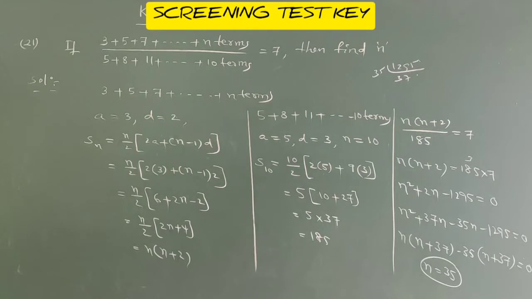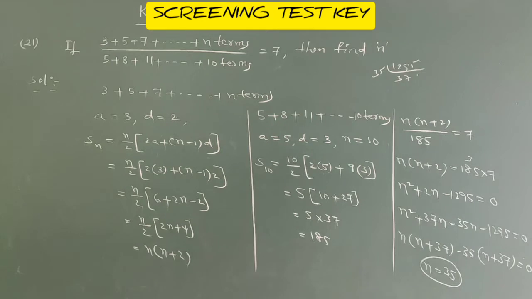After simplifying the numerator, we will get n into n plus 2, and for the denominator we got 185 as the sum. By using the given information, n into n plus 2 by 185 equal to 7. Cross multiplying, 185 into 7 gives 1295. So n square plus 2n minus 1295 equal to 0.